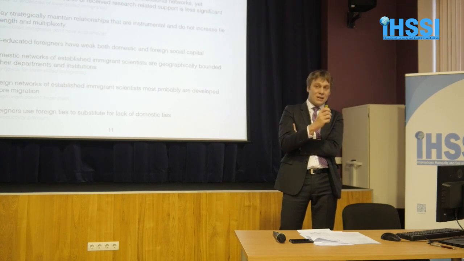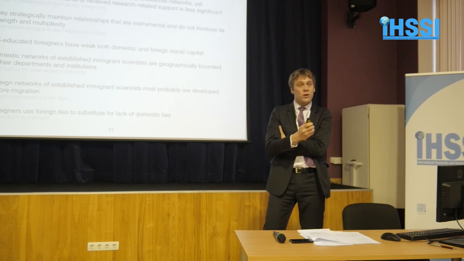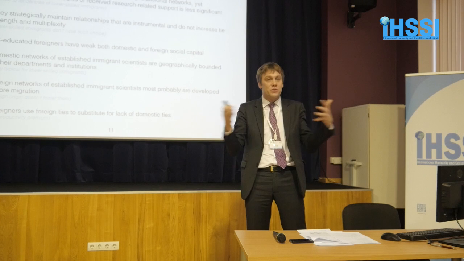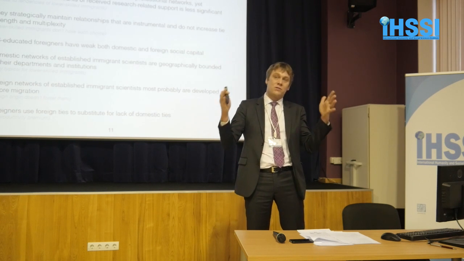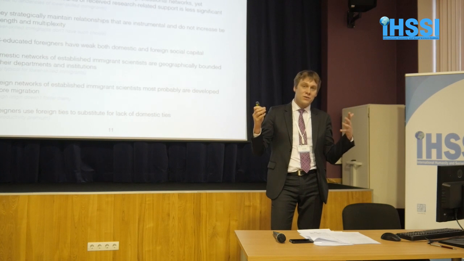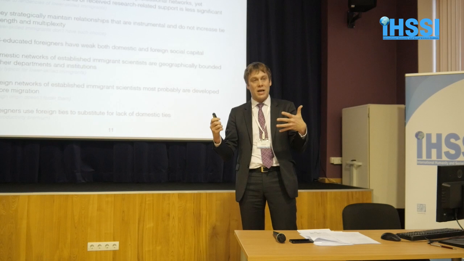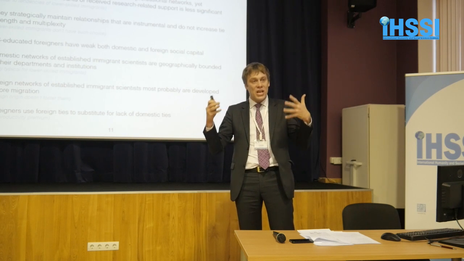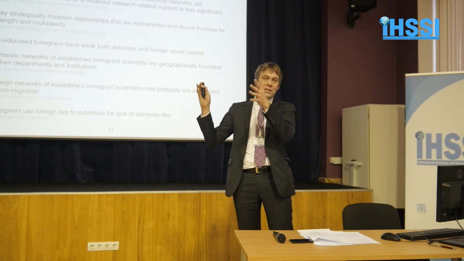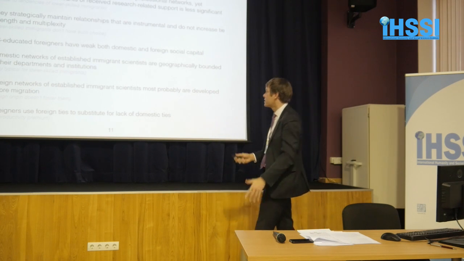My explanation would be that lower skilled immigrants don't have this choice. They just don't have the opportunity to make more ties, so they make them very, very strong. In the case of scientists, yes, they face difficulties with building social capital, but they still have the chance to choose the right people to work or to talk with.